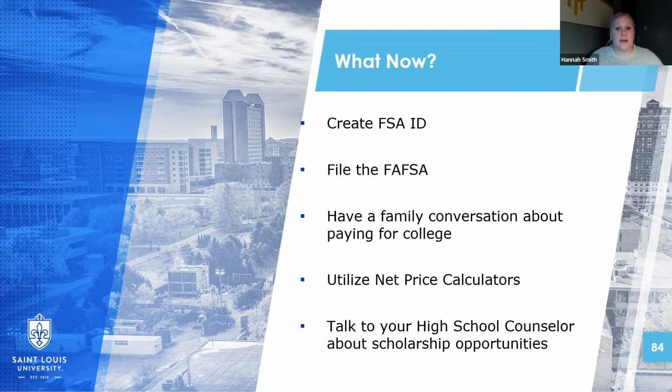And now is a good time to start laying the groundwork and managing your students' expectations for how we're going to pay for college and what that's going to look like, and whose responsibility it is to pay for tuition or housing or fees. And how much of that is on your student's plate and how much are you going to pick up the slack for and help with as the parent.